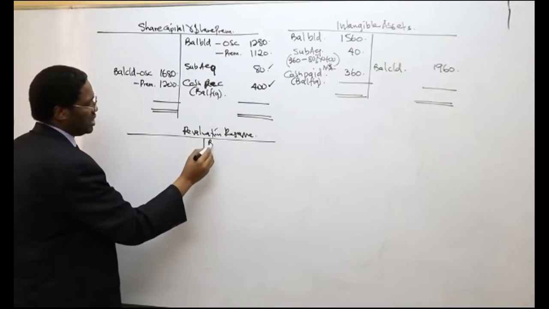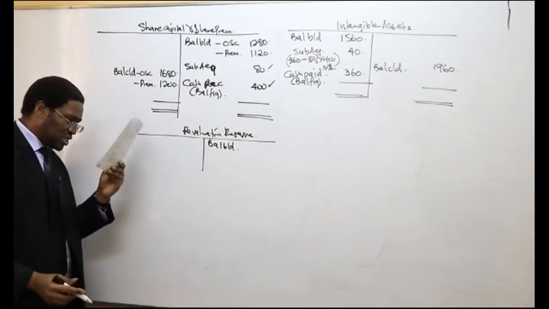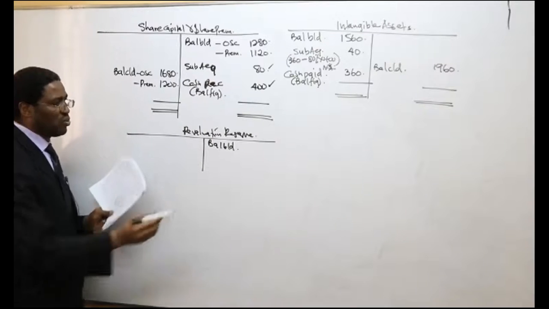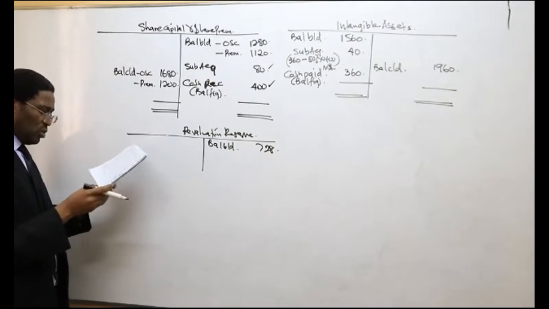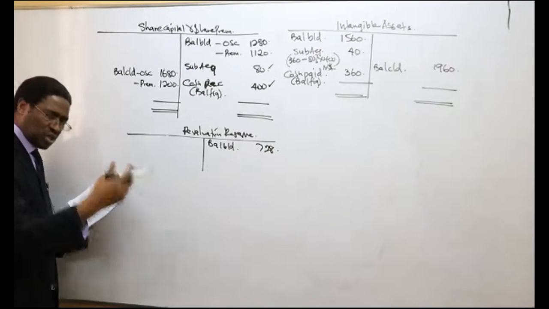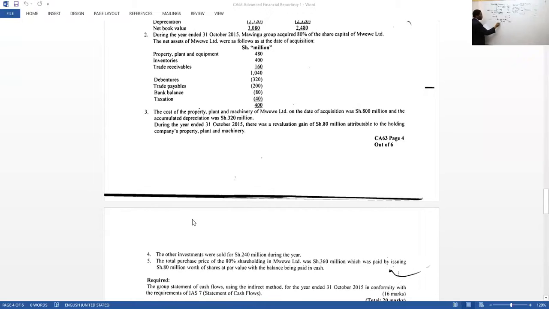We bring down the balance by the beginning. And according to the balance sheet last year, the revaluation reserve was given as 728. Then note number three, you remember we have just used it a short while ago. We were told that there was a revaluation gain. We revalued our assets.